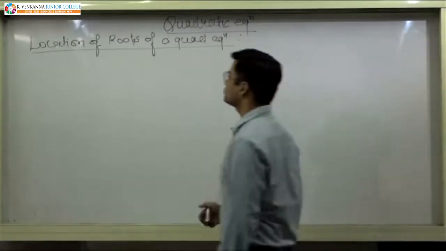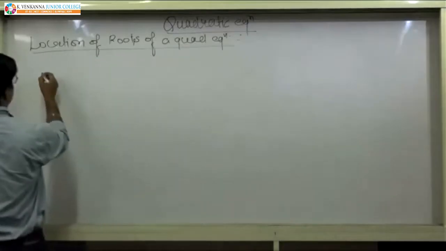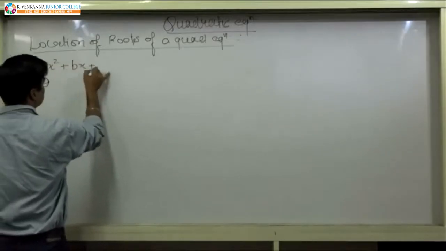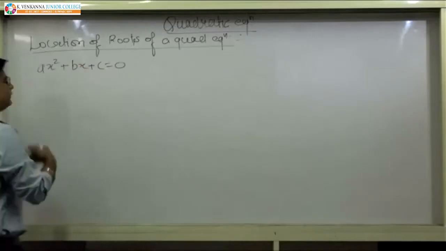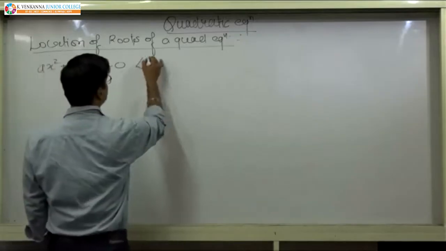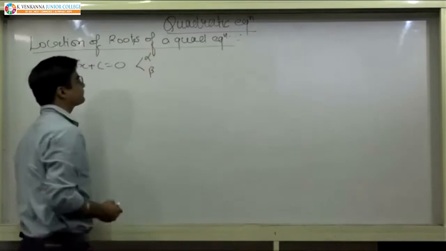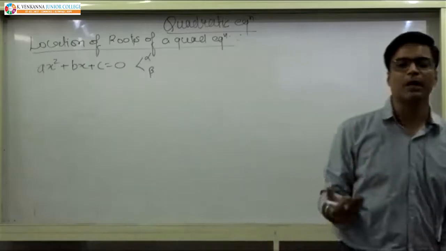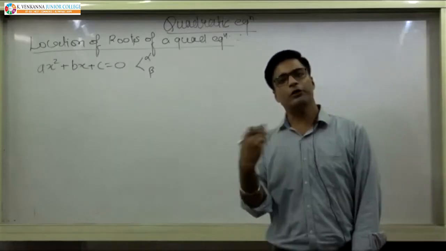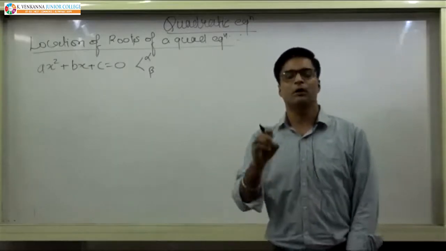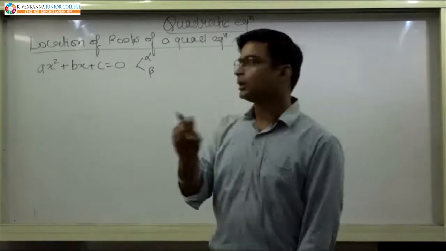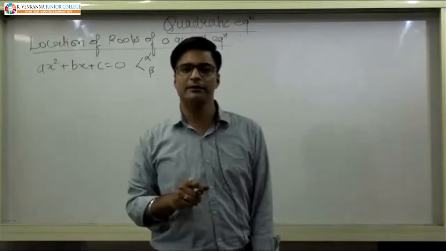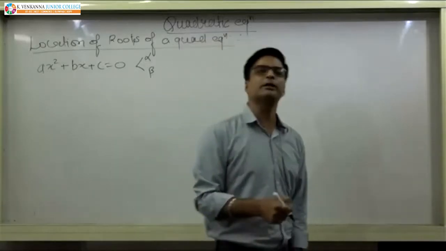By location of roots, we mean, let's say you have a quadratic equation ax square plus bx plus c equal to 0. We already know it has two roots, alpha and beta. Alpha and beta can be real or imaginary, but when we talk about the location of the roots, we want to locate these roots on our x-axis. That means our roots are already real.